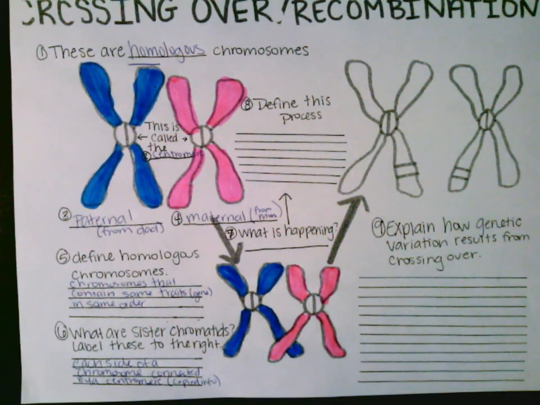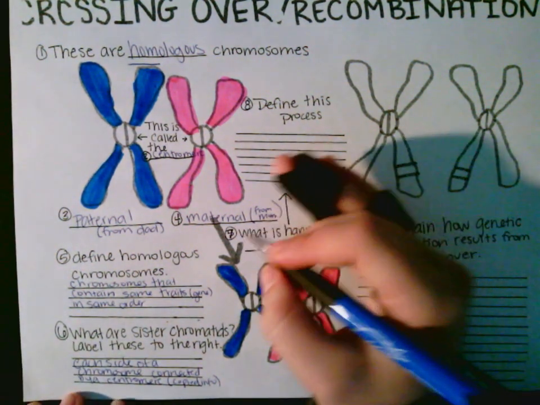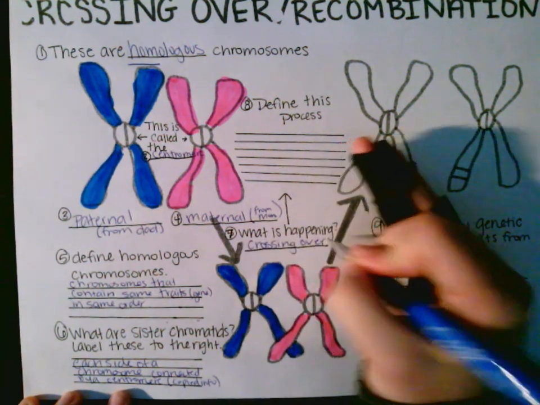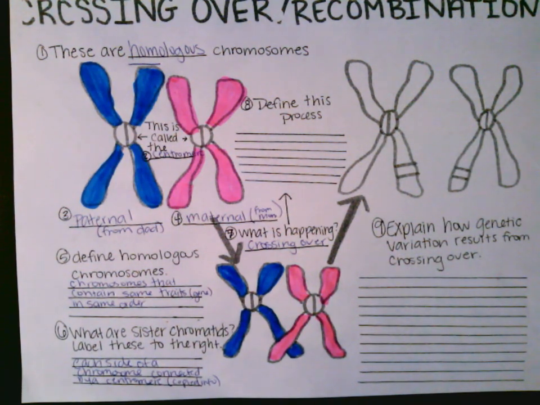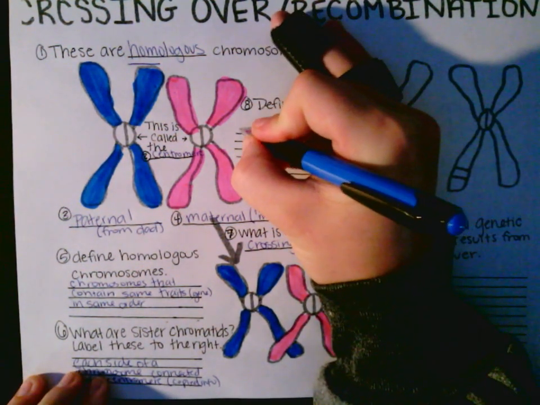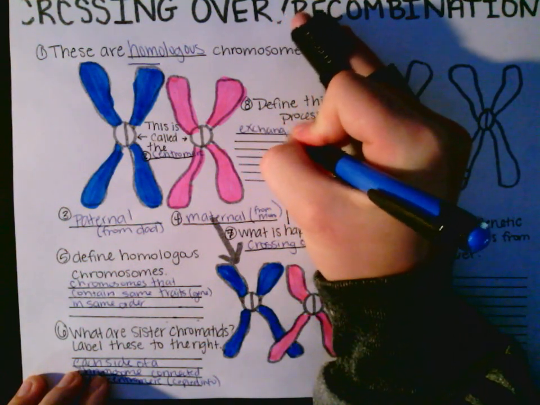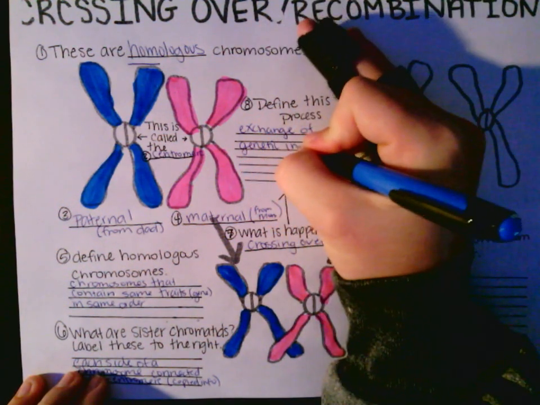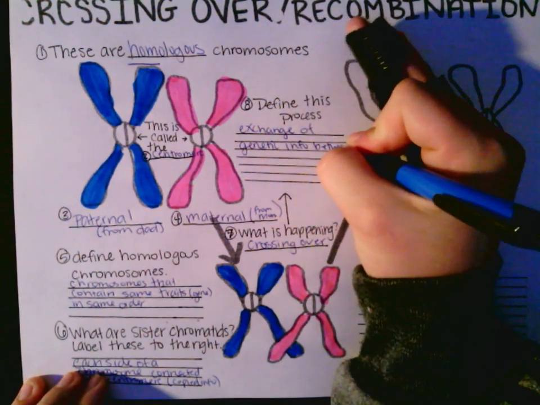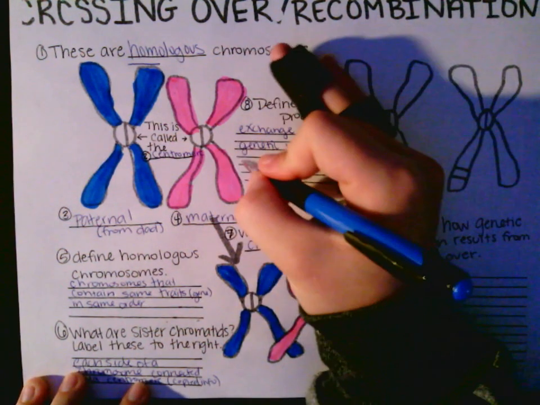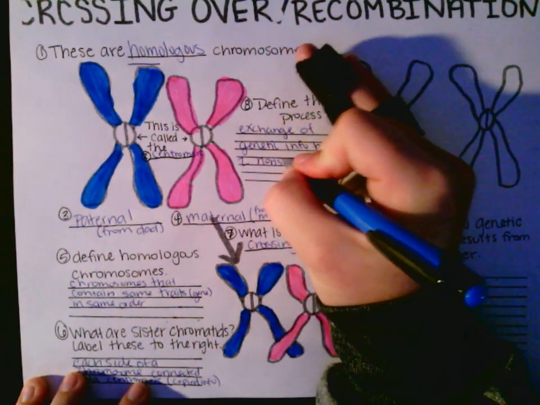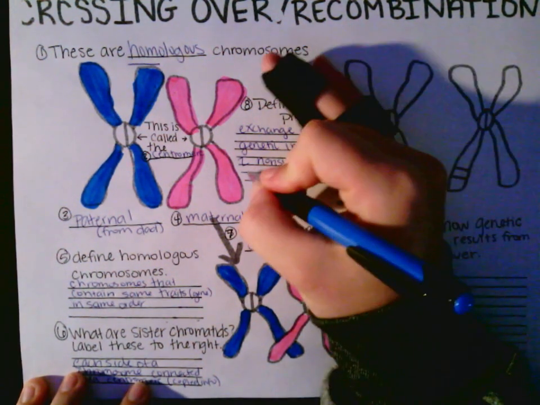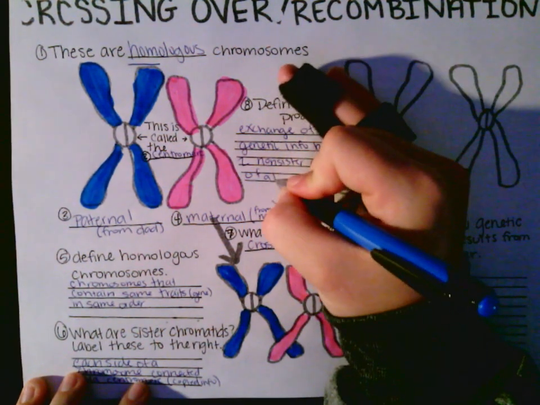Okay, so they are lining up and they are starting the process of crossing over. And crossing over is the exchange of genetic info between two non-sister chromatids of a homologous pair.